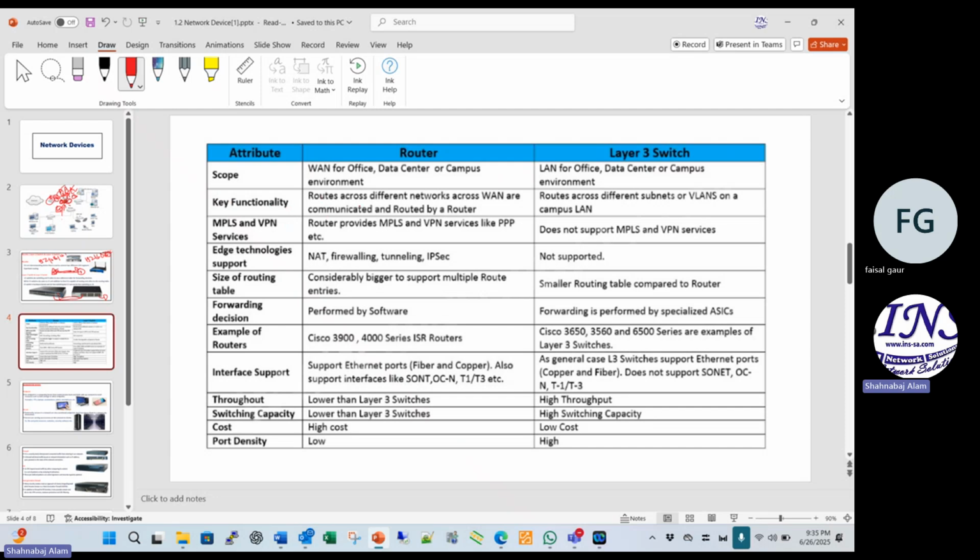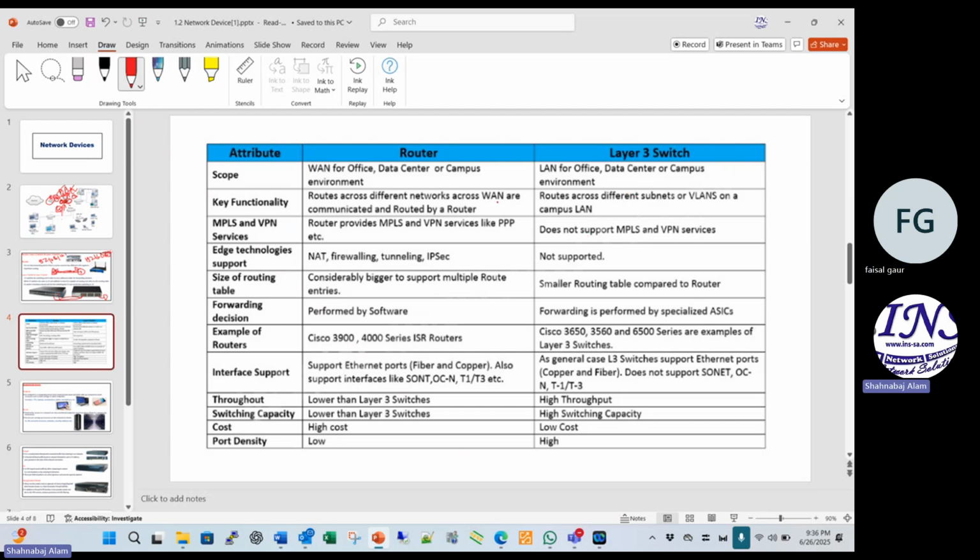The key functionality of routers is to communicate across different networks and across the WAN. A layer 3 switch routes across different subnets and VLANs on the campus LAN, meaning VLANs configured on the campus local area network.